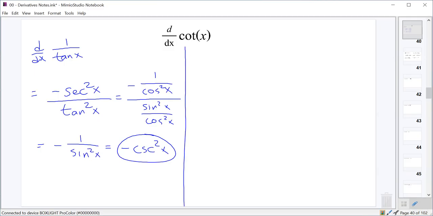And of course, we could do this another way. We could also rewrite this as a derivative of cosine x divided by sine x. And then we could use the quotient rule. We should see that we'll come up with the exact same answer in the end as we did using the reciprocal rule.